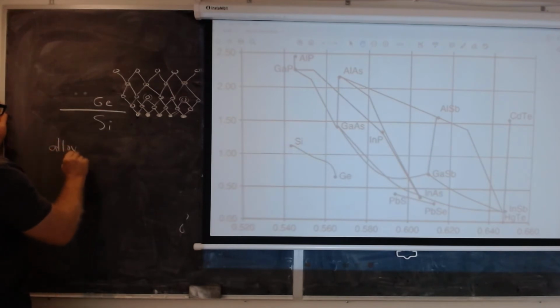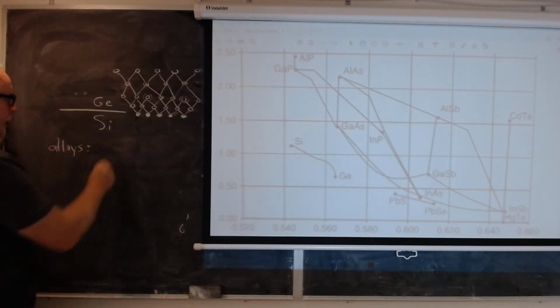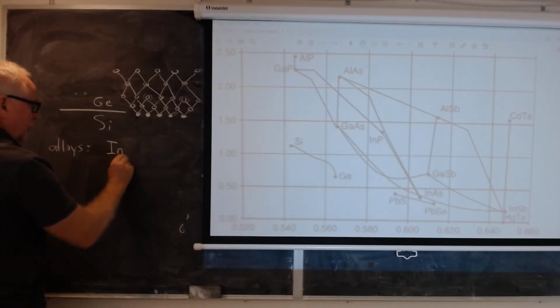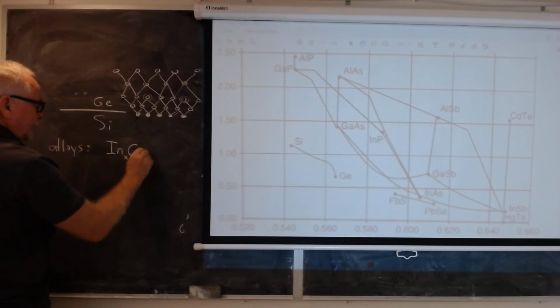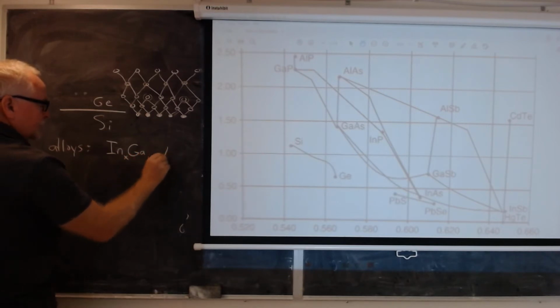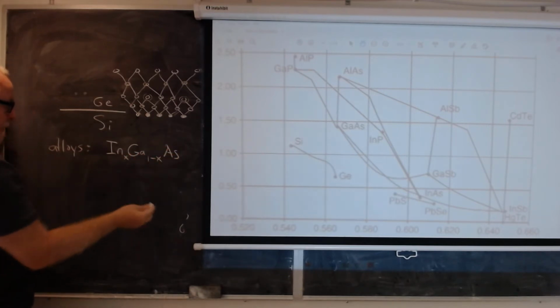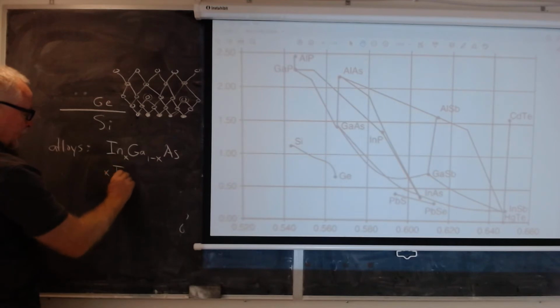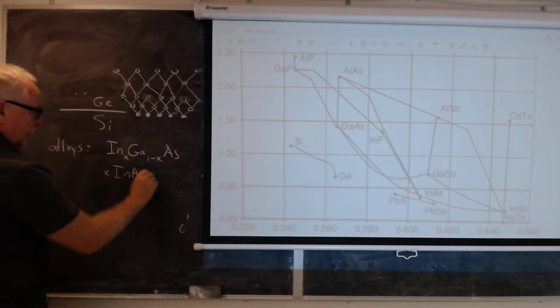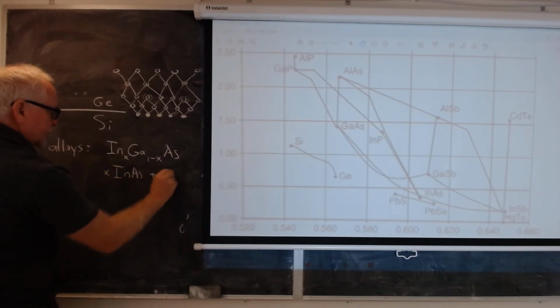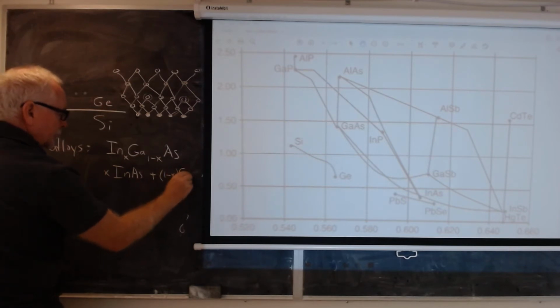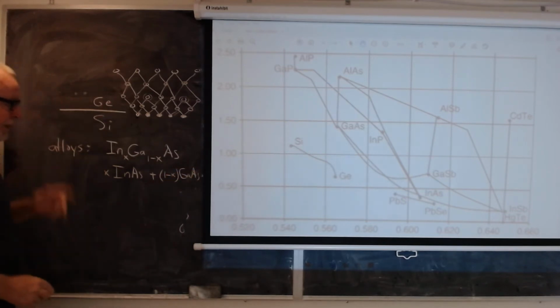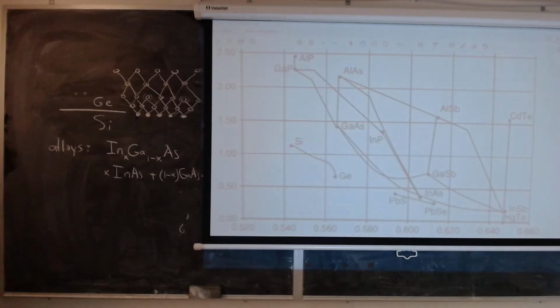Alloys. An example of an alloy is indium x gallium 1 minus x arsenide. So that's x indium arsenide plus 1 minus x gallium arsenide. So it's like a mixture of indium arsenide and gallium arsenide.